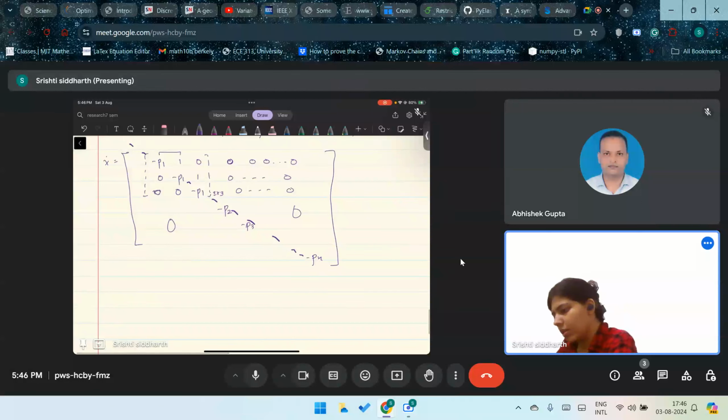Okay, so let me just say that this is the A matrix. B is just a column vector of 1s. C is for a linear combination of all of the states. Okay, so C11, then C12, and so on.